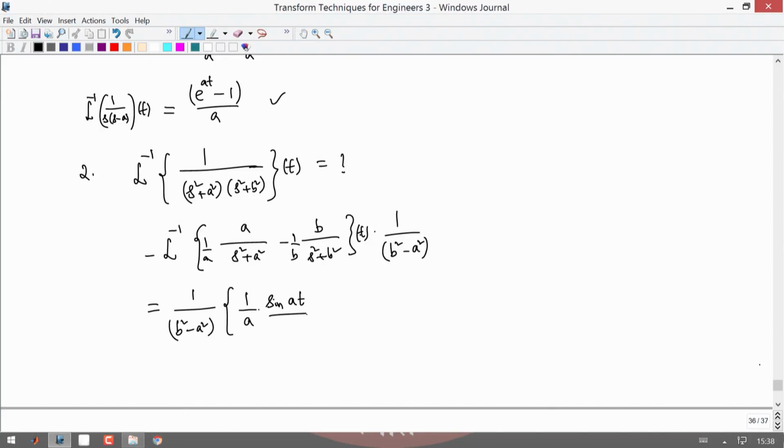If you look at the Laplace transform of sin a t, we have seen that this is a divided by s square plus a square. And the other one is minus 1 by b times sin b t. Okay. So what you finally get is 1 by b square minus a square times sin a t by a minus sin b t by b. So this is the required inversion.